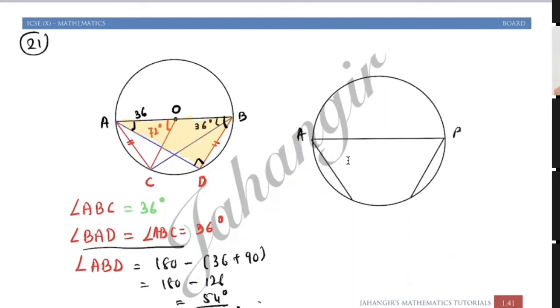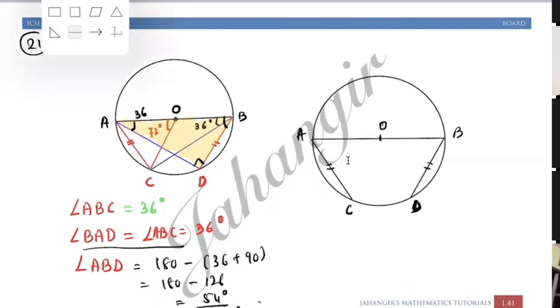If these two chords are equal, then the angle from the chord BD and the angle from the chord AC will always be equal. If you draw the angle from AC, starting from A and ending at C, which angle is this?